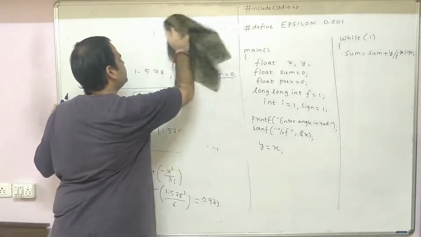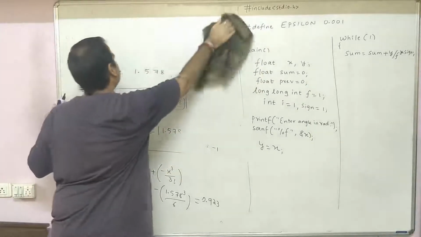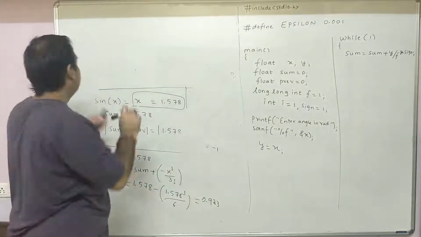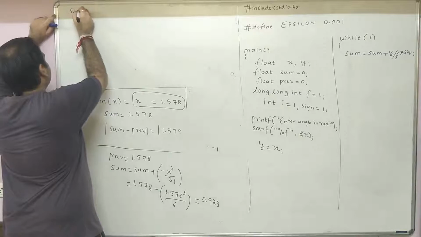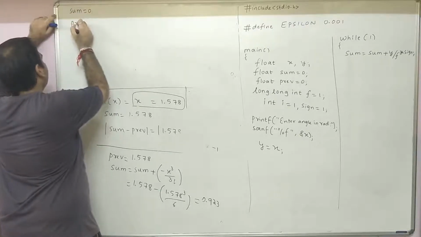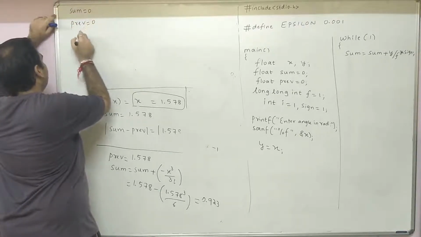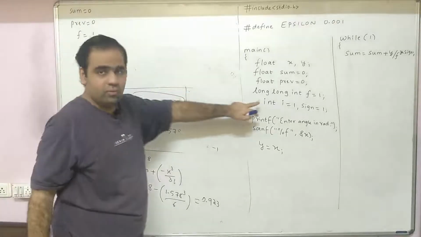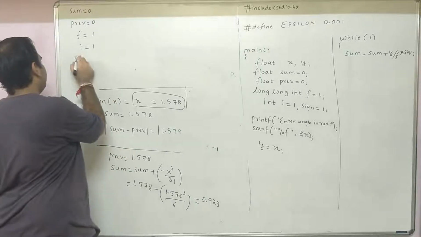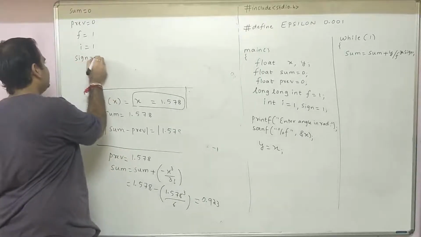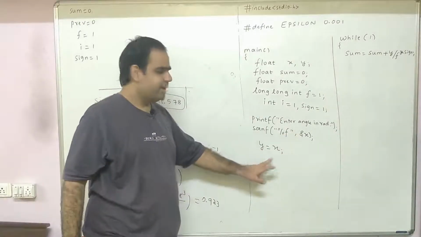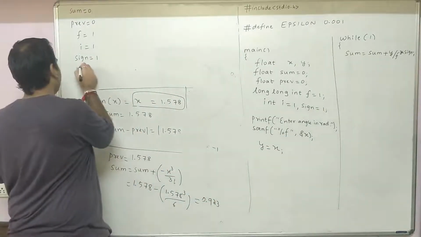Now, let's see what the first term gives us. The value of sum is 0, the value of previous is 0, the value of f is 1, the value of I is 1, and the value of sign is also 1. We say y is equal to x.